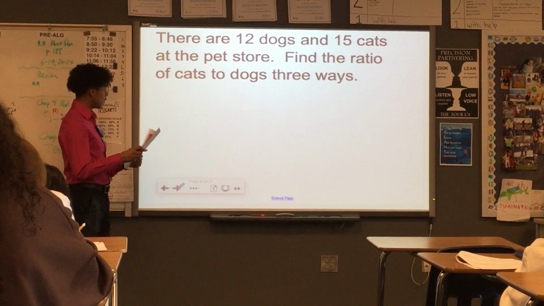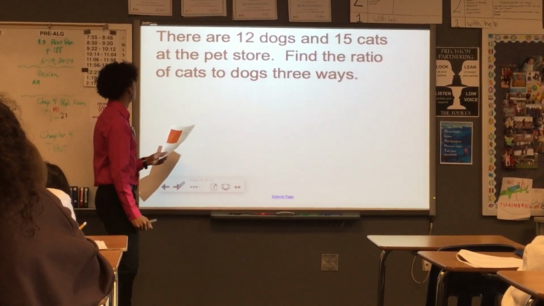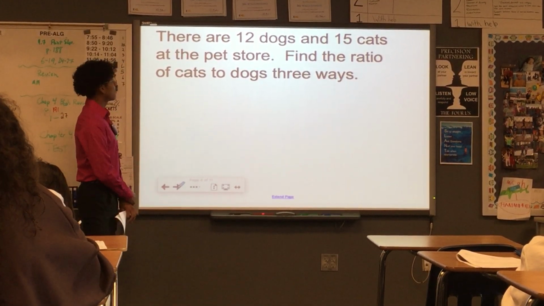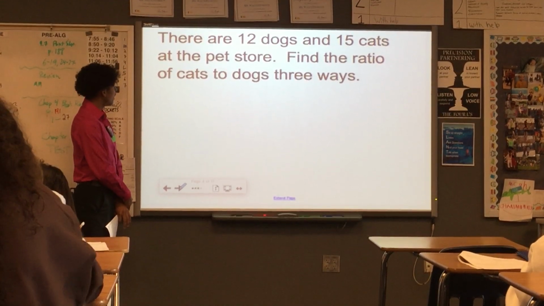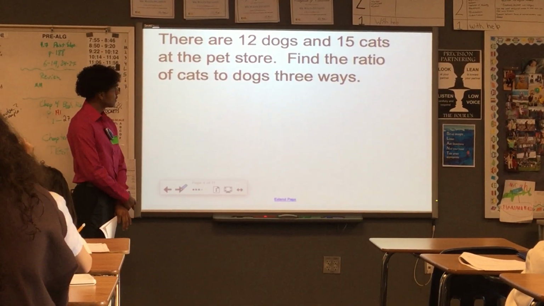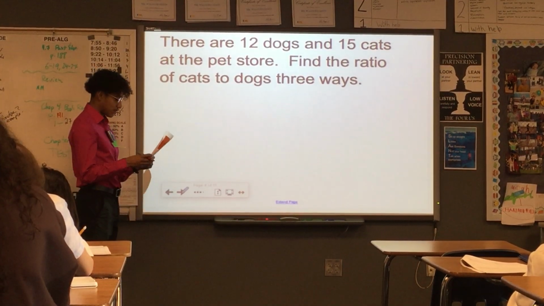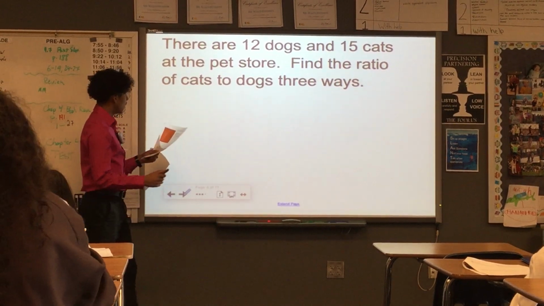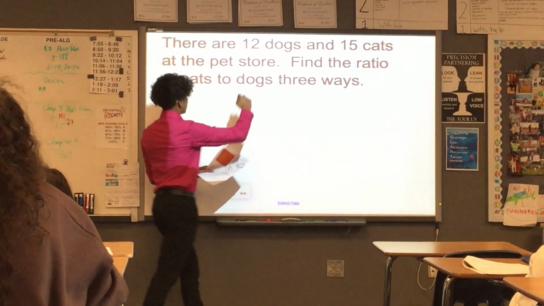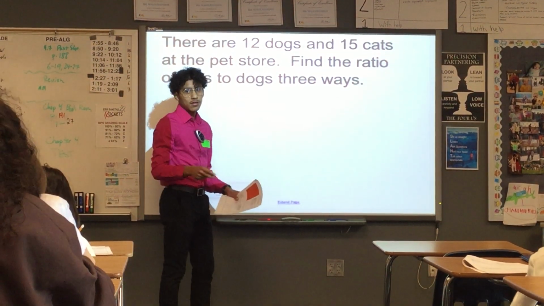So we're going to go into our first example. The question says, there are 12 dogs and 15 cats at the pet store. Find the ratio of cats to dogs in 3 different ways. So the first thing we need to know about ratios is these are our two numbers, right?